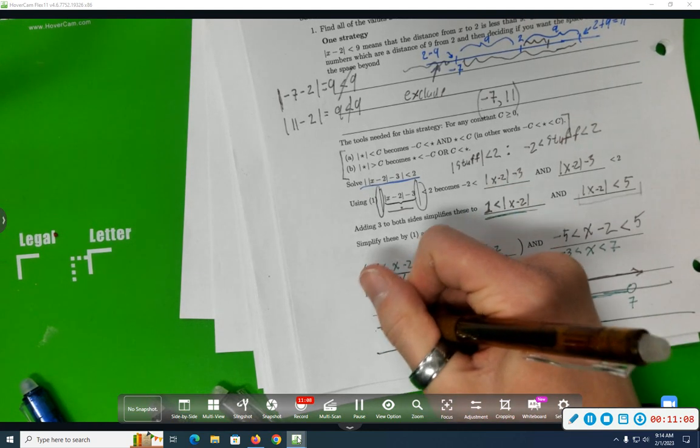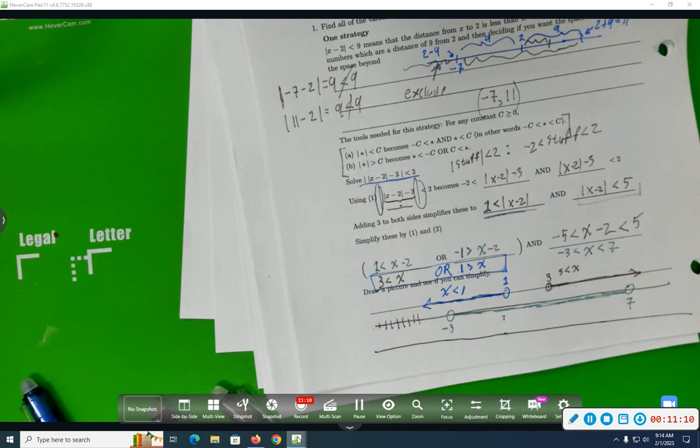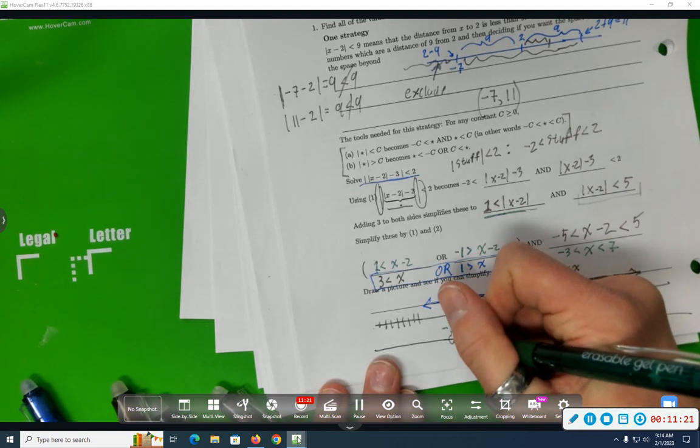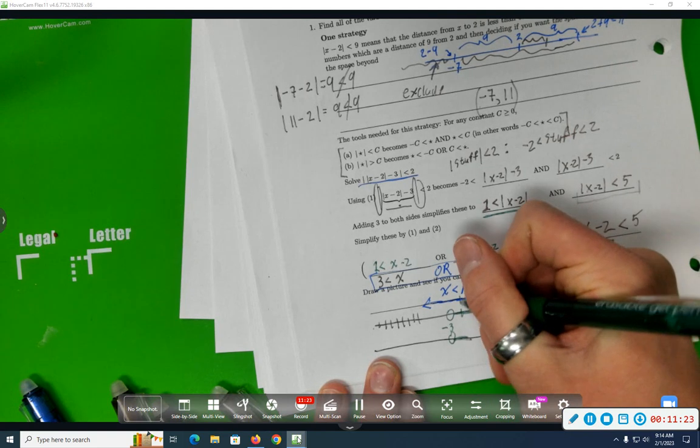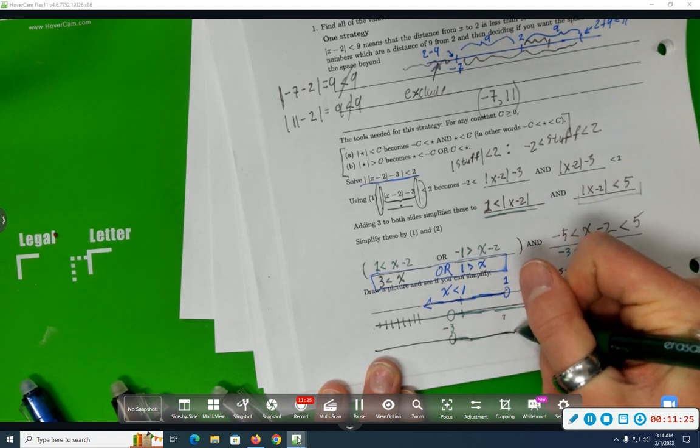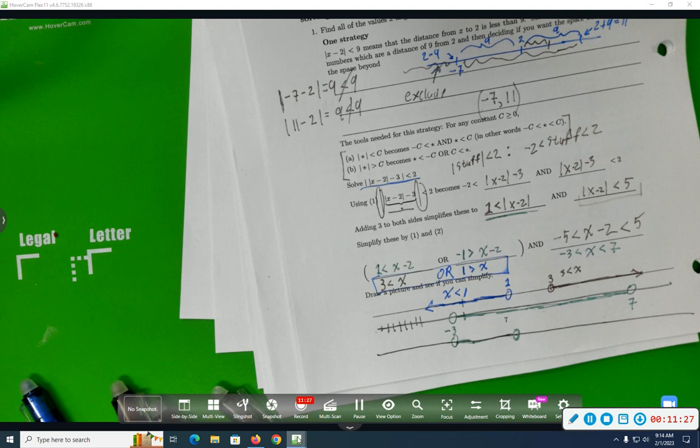So if you take a number out here to the left of negative 3, that is not included in your solution, because it's not in the green bin. Once you get to 3, though, then you're in green and blue. So that means that those values solve the inequality.